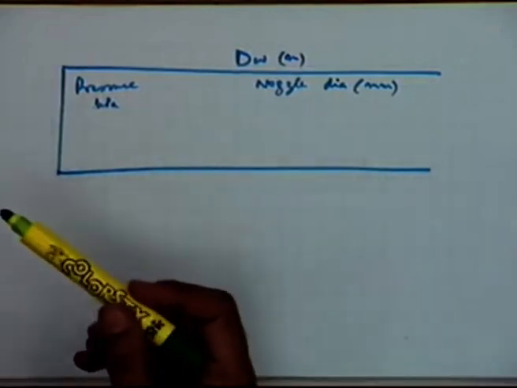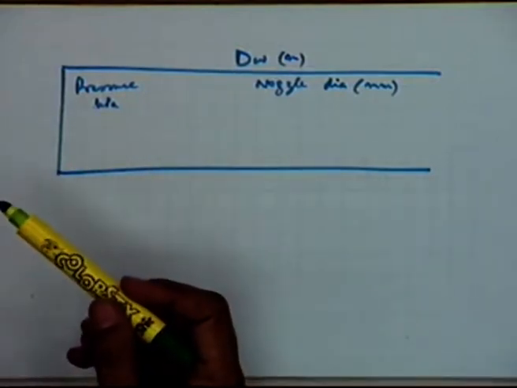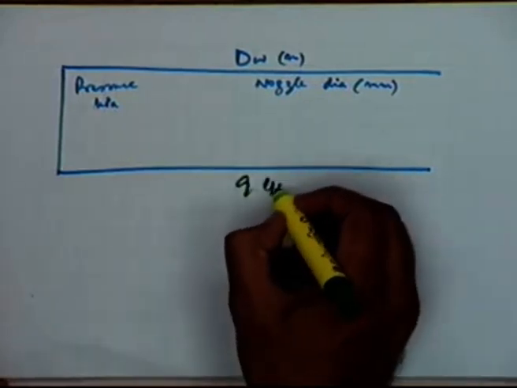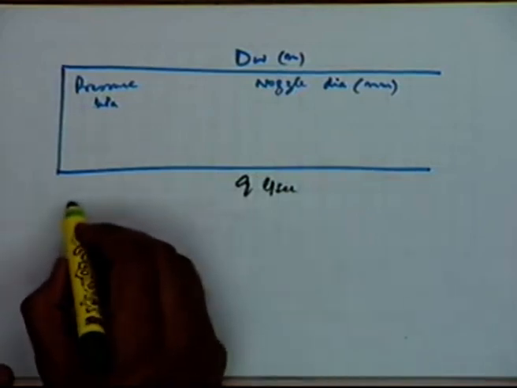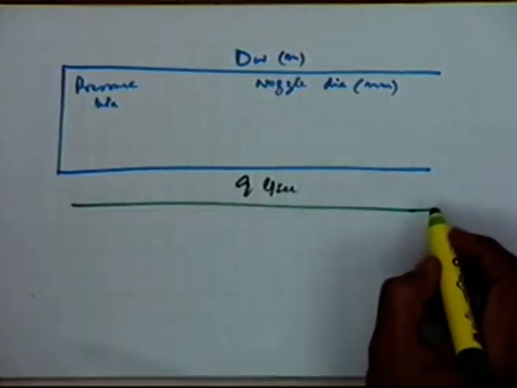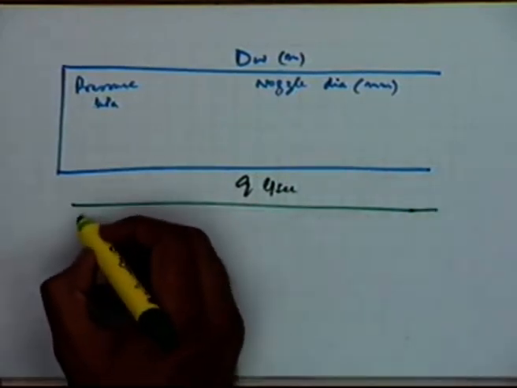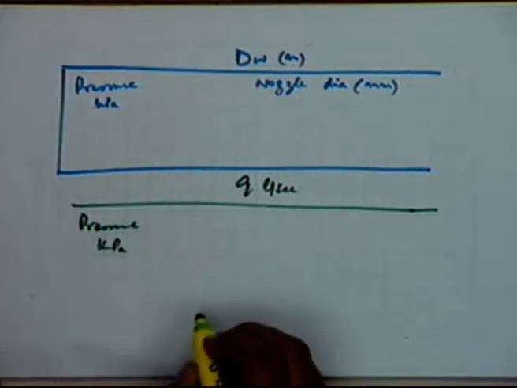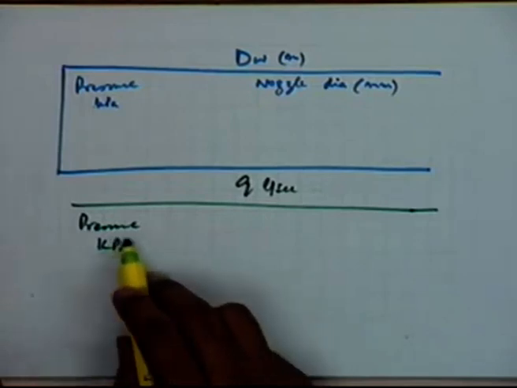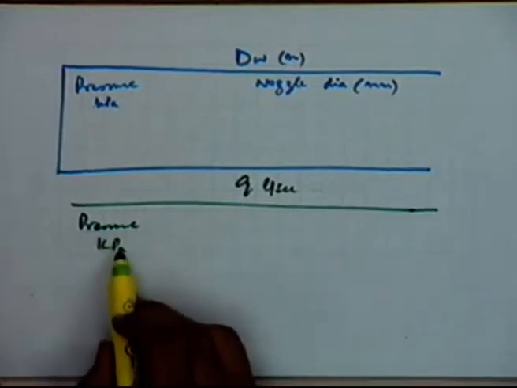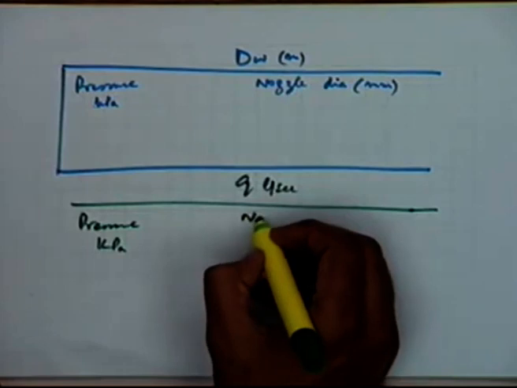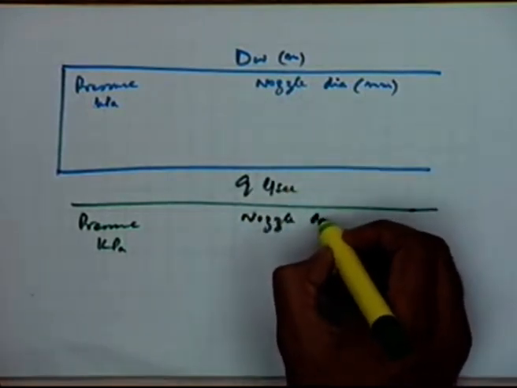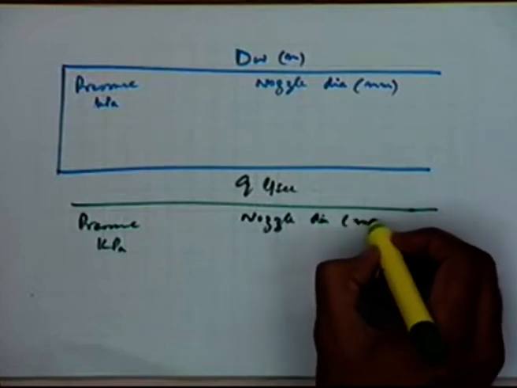There can be another table which gives you the discharge in liters per second, and the other parameters are the pressure and then nozzle diameter, as you have in the table above.